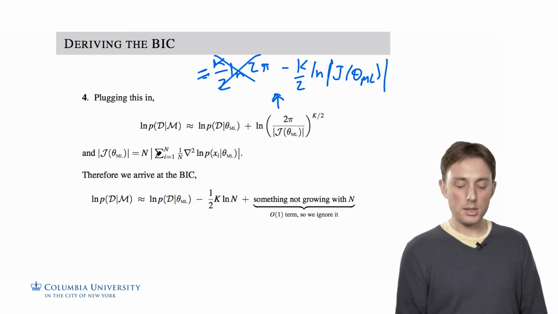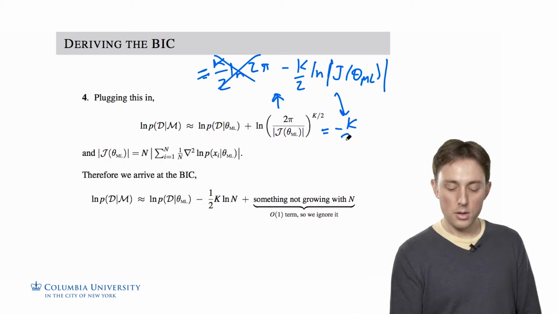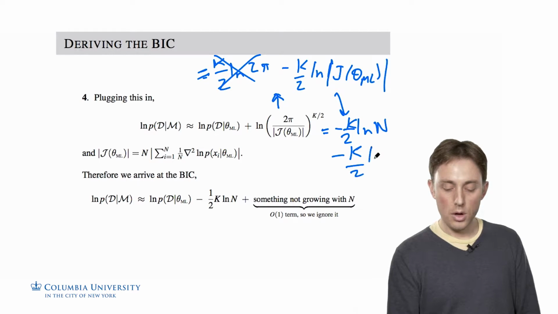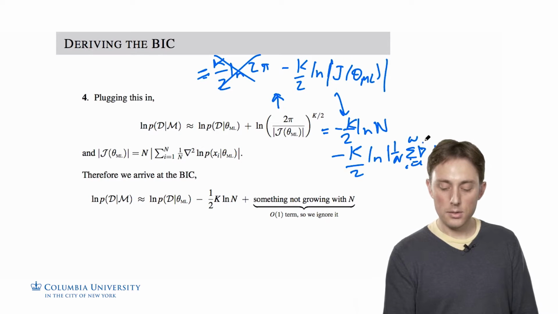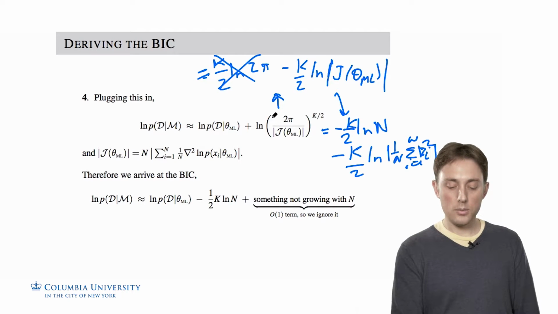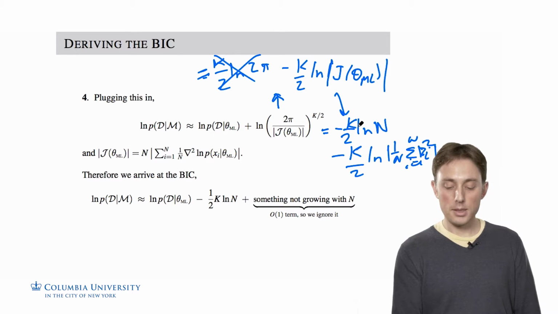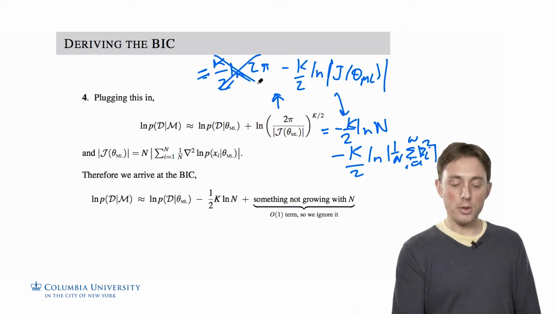And so this is a matrix that's converging, and so we can further set this to be equal to minus k over 2 times log n, minus k over 2 times the log of the determinant of 1 over n times a sum of n items here, like this. Okay, so I have now taken this one term and broken it into a sum of 3 terms, where I have this term minus this term minus this term. I've already gotten rid of this term.